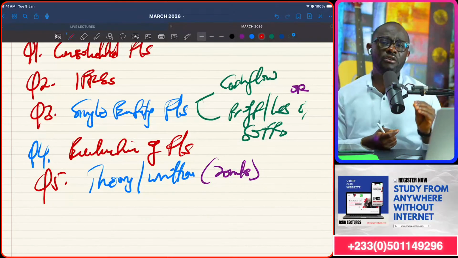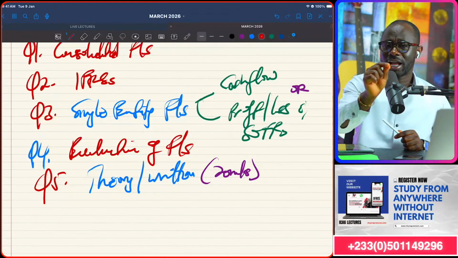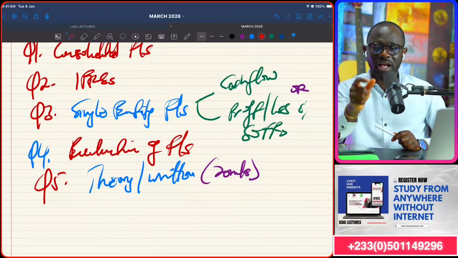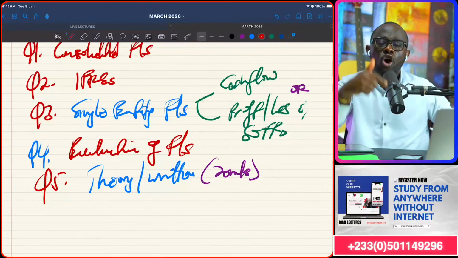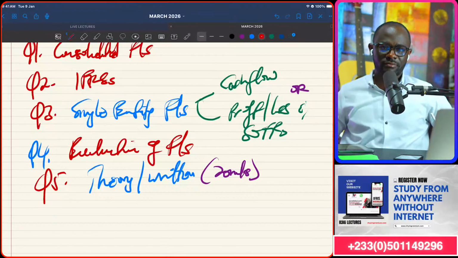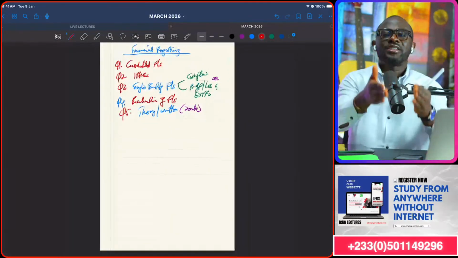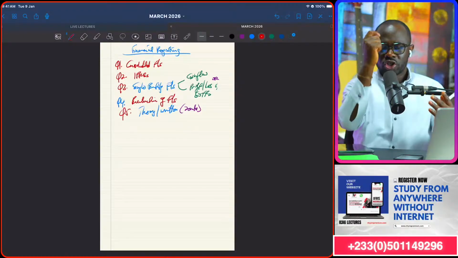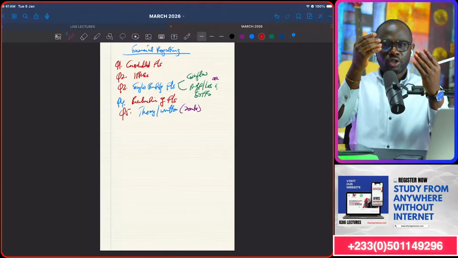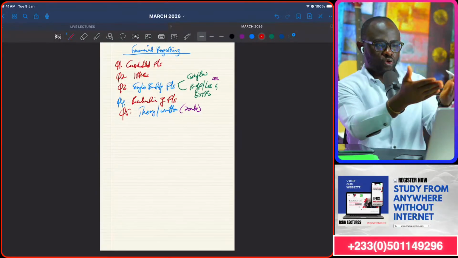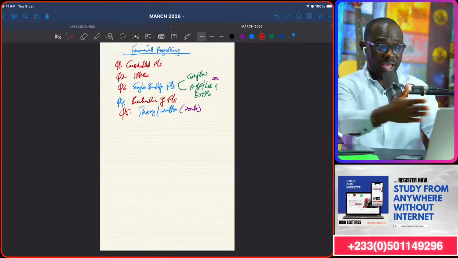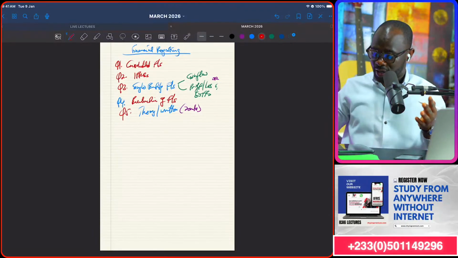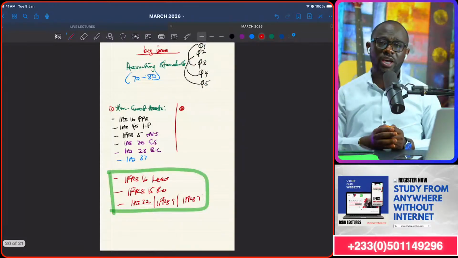Then under the theories in question 5, the examiner can bring between 3 to 5 marks theory questions on the accounting standards. So your password, your trump card, your secret to pass financial reporting, and by extension corporate reporting a little bit, is the understanding of the accounting standards.